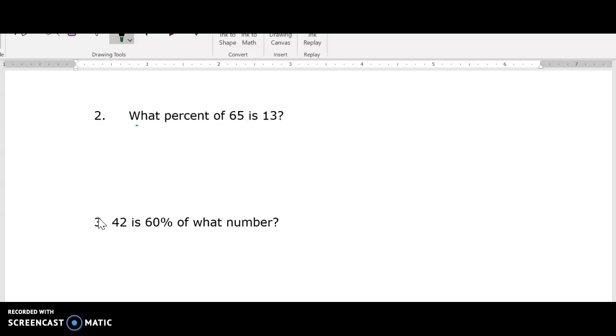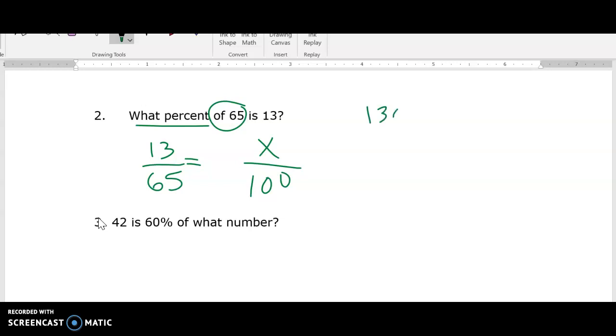All right, what percent? We don't know the percent of 65, so that means the 65 is the whole and 13 is the part. So we are going to do 13 times 100 equals 65x.